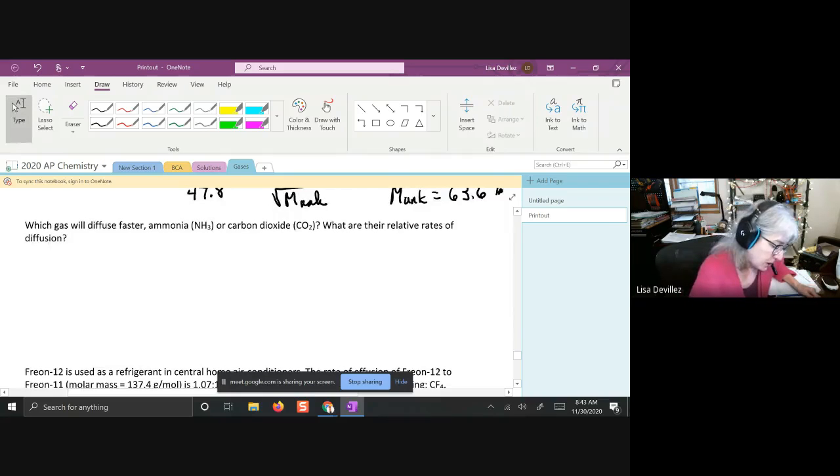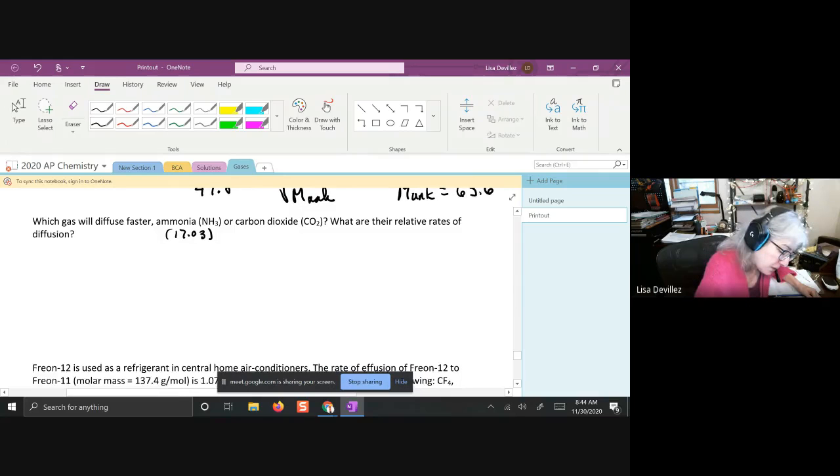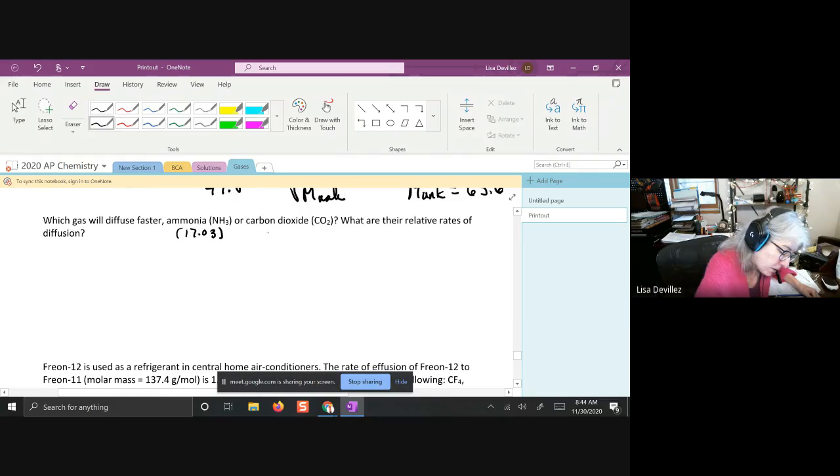All right, so which one will diffuse faster, NH3 or CO2? So NH3 is 17.03 and CO2 is 44.009. So the NH3 will diffuse faster because it has a smaller mass.